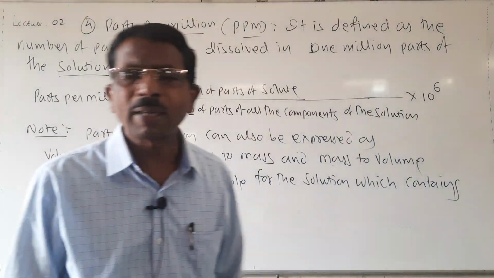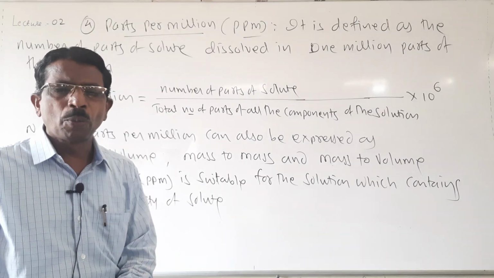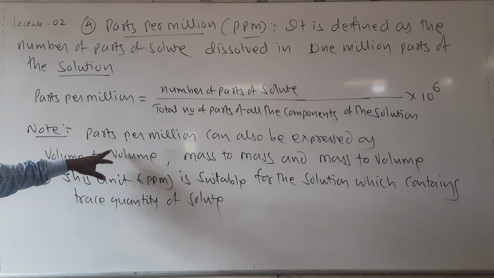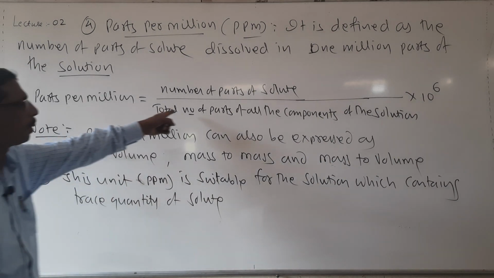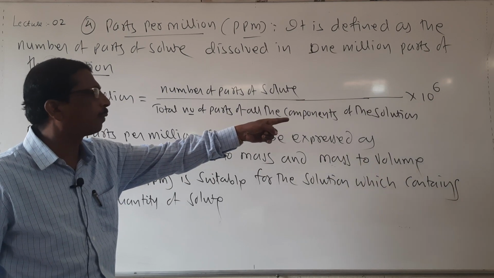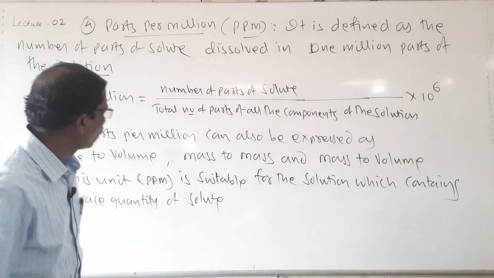Then coming to another very important fact, that is mole fraction. Look here students, I think you got it: parts per million is the number of parts of solute or component to the total number of parts of all the components of the solution, into 10 raised to 6, that is called a million.